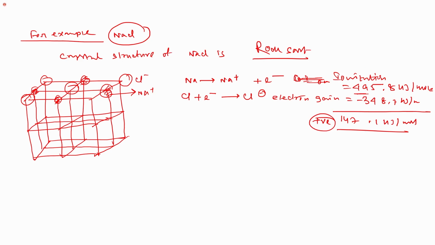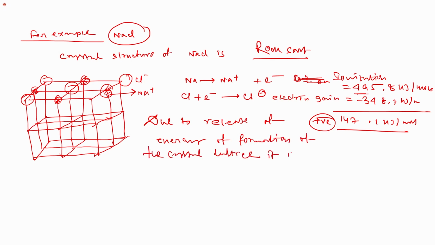If I sum the ionization enthalpy and the electron gain enthalpy, it gives a positive value, but due to the release of energy on the formation of the crystal lattice, it is stabilized.